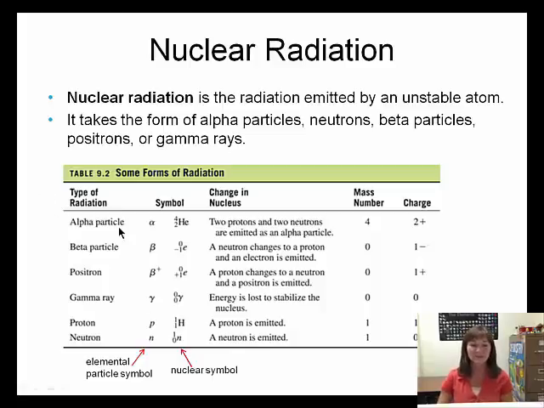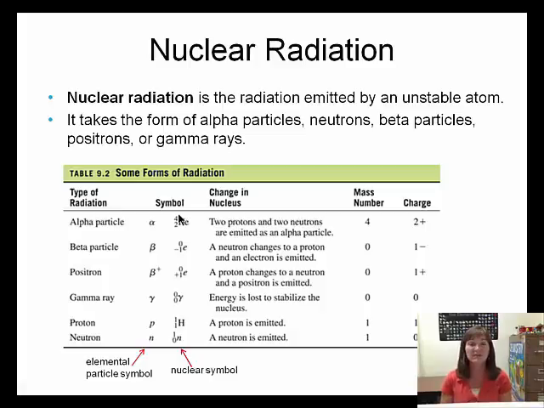So the first one to look at is the alpha particle. It has the Greek letter alpha. If we're talking about the nuclear symbol, it has 2 protons and 2 neutrons. If you remember when we talked about nuclear symbols, you put the atomic number in the lower left-hand corner, and the top left number is the mass number, which is the number of protons plus neutrons.